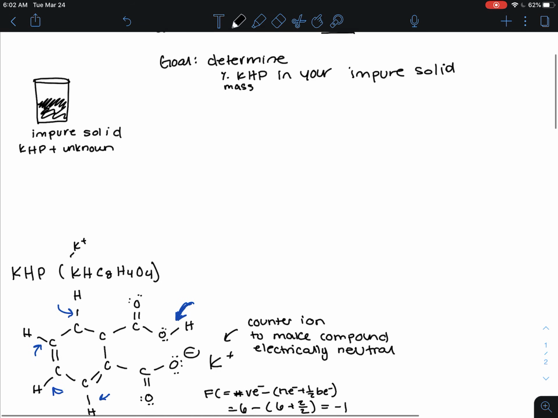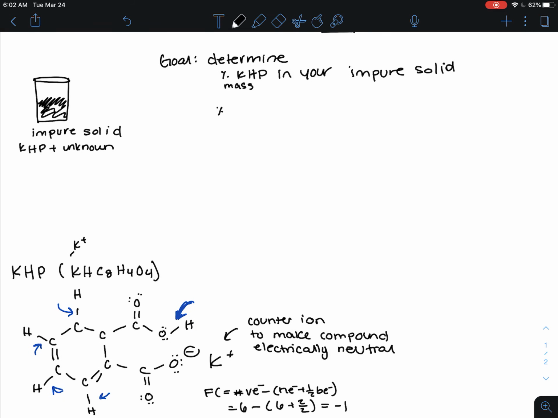Let's say percent mass to be really specific. How can I figure out the percent mass? Well, in order to get percent mass, I would want the grams of KHP over the grams of my impure solid completely times 100. That's going to help me isolate just KHP from my entire solid.